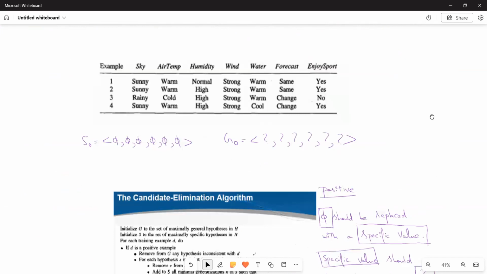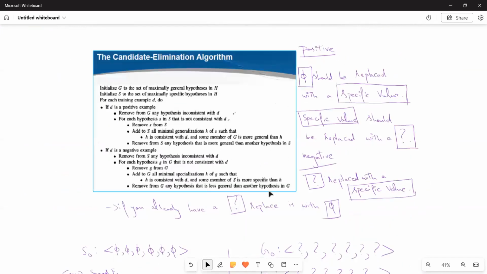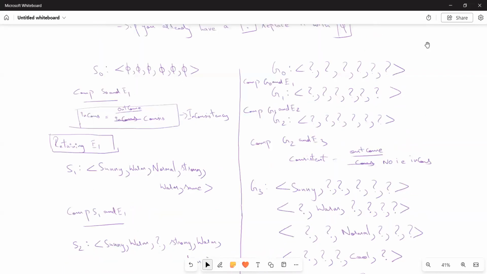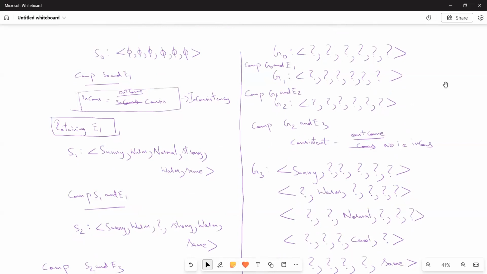These are the rules you execute in each iteration. If it is positive, this is how you replace. If it is negative, this is what happens. If it is positive, you go to generic. If it is negative, you go to specific.